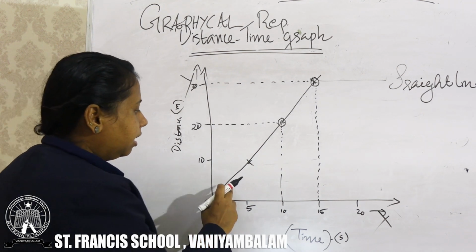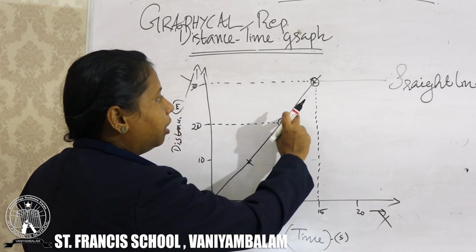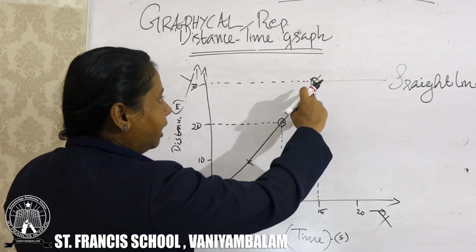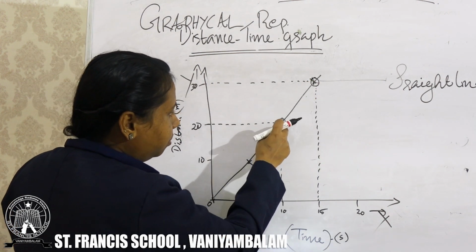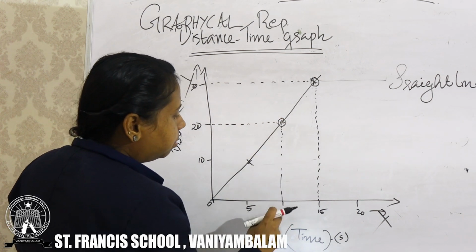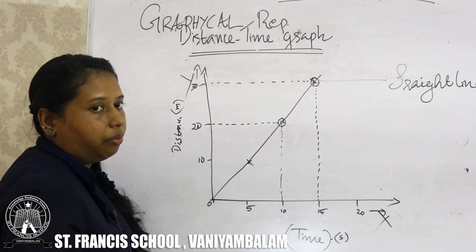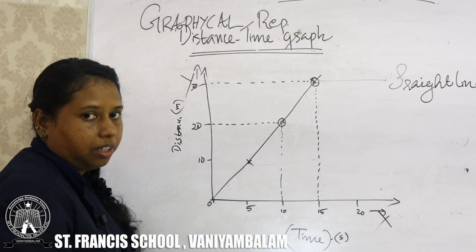I repeat, in this straight line you have to select any 2 points, and join them to their corresponding x-axis and y-axis.